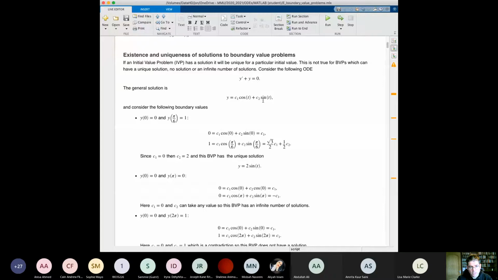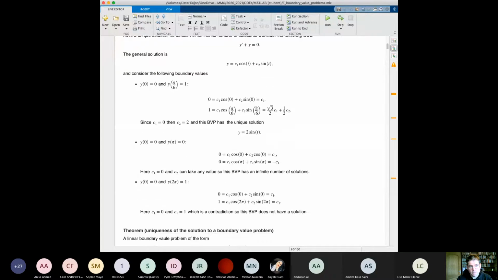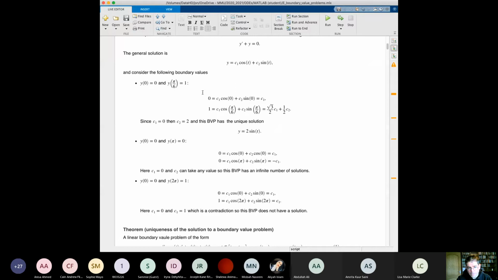We're going to consider three different cases for this boundary value problem. The first is a domain that extends from 0 to pi over 6, with boundary values of 0 at the lower bound and 1 at the upper bound. For each boundary I've written out the solution. At the lower bound, when t is equal to 0, 0 equals c1 times cos t plus c2 times sine t. Cos of 0 is 1, sine of 0 is 0, so 0 must be equal to c1.